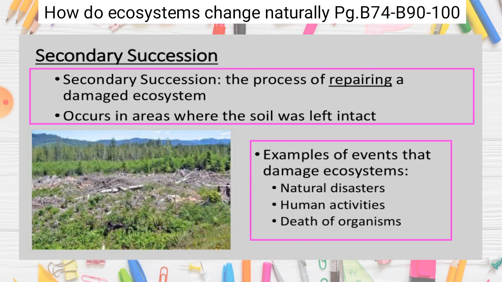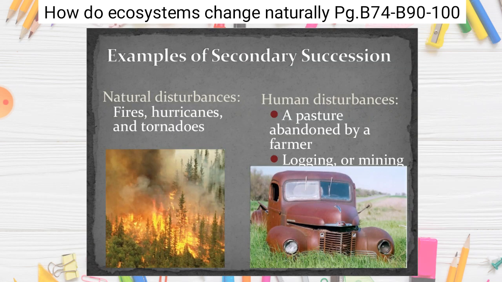Copy on your notebook. Here you can see some examples of natural disturbances or disasters, like fires, hurricanes, tornadoes, and of course the human disturbances, like a pasture abandoned by a farmer, logging or mining.